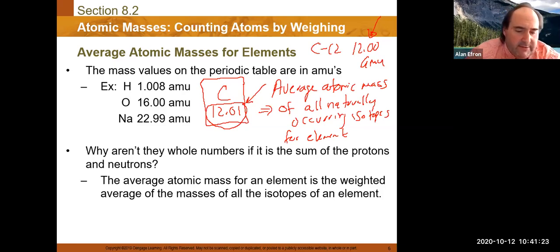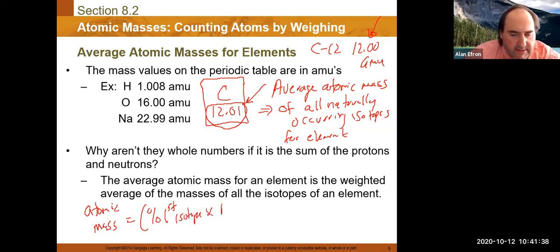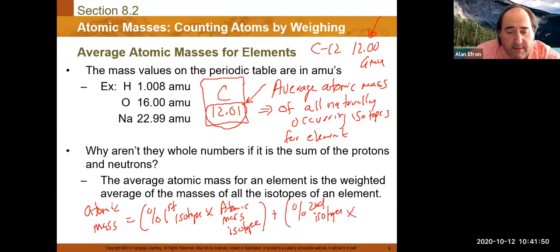And the way that we can calculate atomic mass is there's a formula that we can use. The atomic mass is the percentage of the first isotope times the atomic mass of the isotope, plus the percentage of the second isotope times the atomic mass of that isotope.